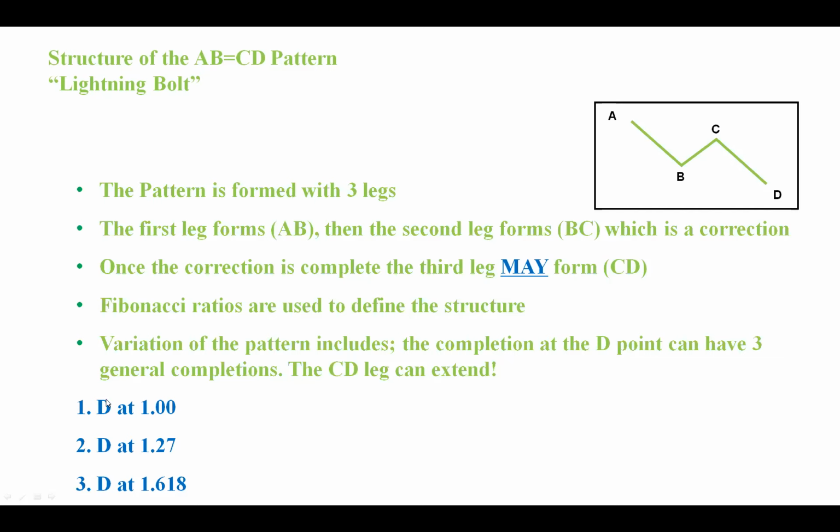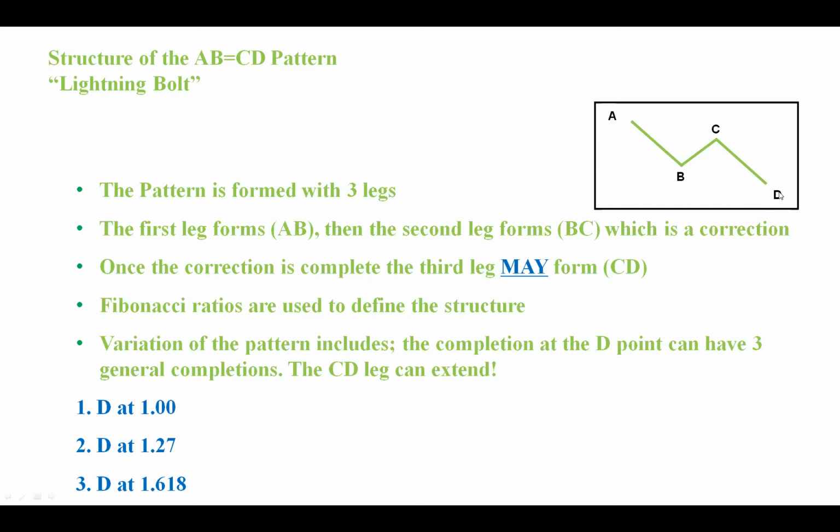If you look down here at the bottom right, you'll see in blue, there are actually three completion points. The D at 1.0 is when the AB and CD are equal lengths. The D at 127 is when the CD leg extends by the Fib ratio of 1.27. That's simply taking the length of AB, whatever market you're in, multiplying that number by 1.27, and then subtracting it from your C point.